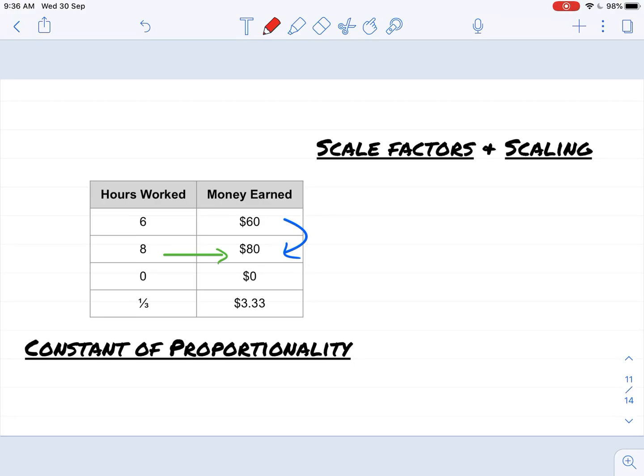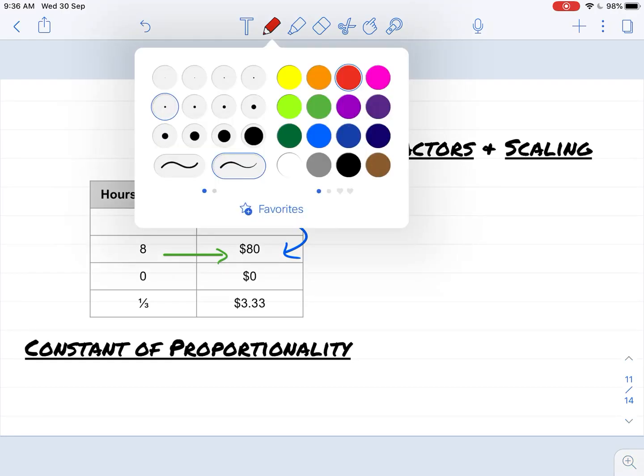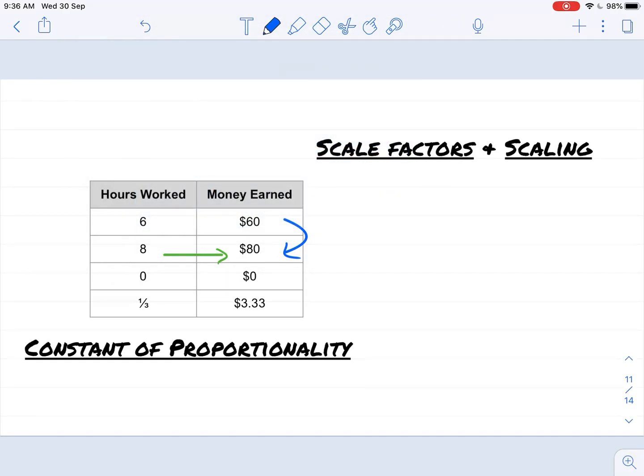Okay? So on this one, it might not have been so obvious because it's not going to be a whole number. So the scale factor is, if I want to go 60 times something, I'll just put a question mark there. Actually, we'll use variables now that we know algebra. I'm going to go 60 times k. 60 times what number is going to be equal to 80?